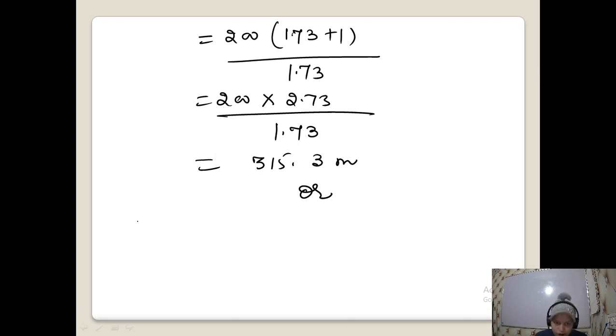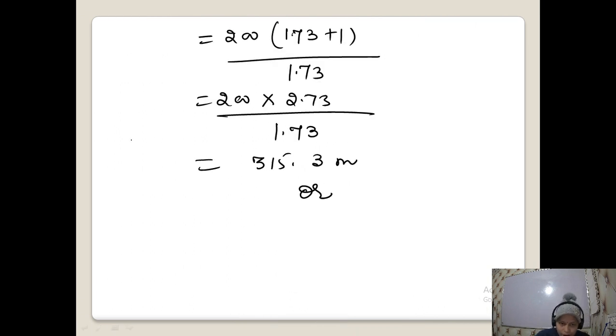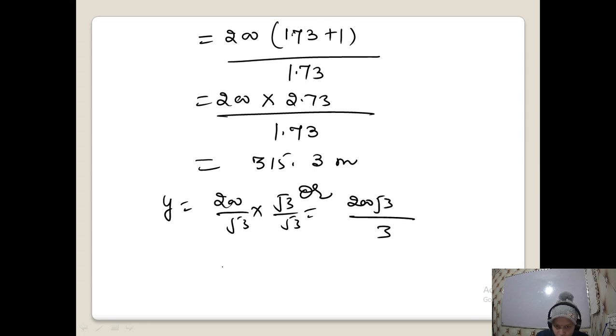Or you can solve it by this method. First of all you can solve it by taking rationalization method. You can solve first y is equal to 200 over root 3. By rationalization method you will find 200 root 3 over 3.